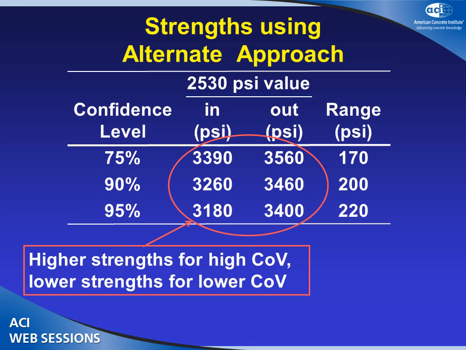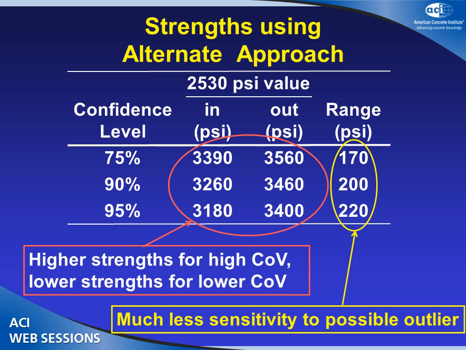But I would draw your attention to this column, which says the results that you get are not nearly so sensitive to whether you leave it in or whether you take it out or not. And so I think that really one of the best reasons for using the alternative approach is that if there is a possible outlier in your data set, your results are much less sensitive to that.